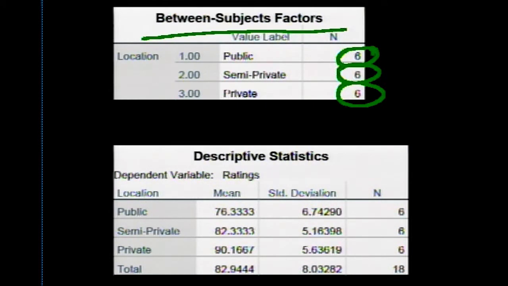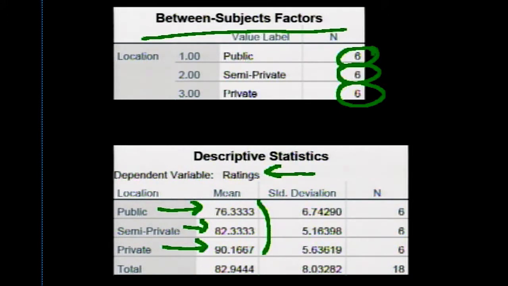First of all, it confirms back to us that we are comparing ratings, and that's our dependent variable. What essentially we're doing in the ANOVA is comparing the average rating in the public setting, right here, the semi-private setting, and the private setting. On its most basic level, this one-way analysis of variance is a comparison between these 3 mean scores.